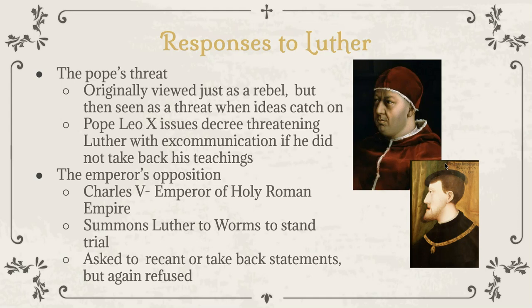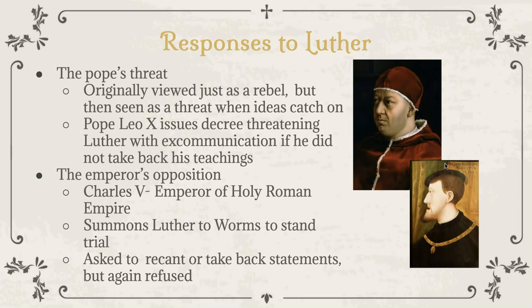And you have this threat along with the Holy Roman Emperor. Okay? This individual, his name is Charles V. He is basically the chief monarch of Central Europe at this time. You have all these small little kingdoms, but Charles V sits as the key emperor of all of the Holy Roman Empire.